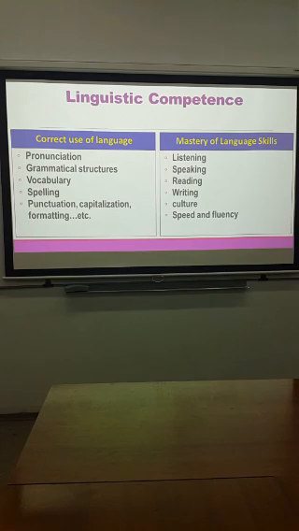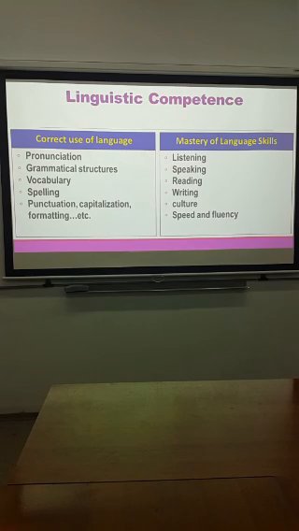Listening, it means when she listens to lectures, to spoken language, she should understand. Also, she should be able to speak the foreign language she's going to teach fluently. She should be able to read also.